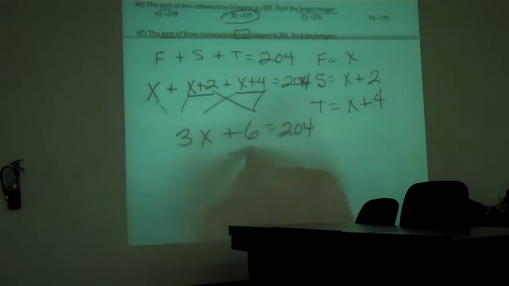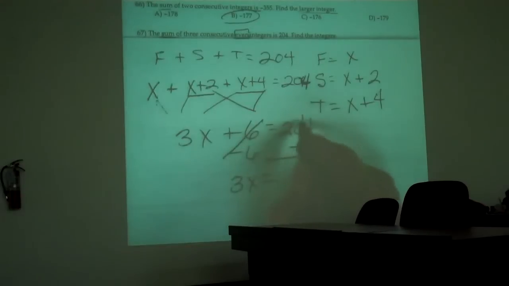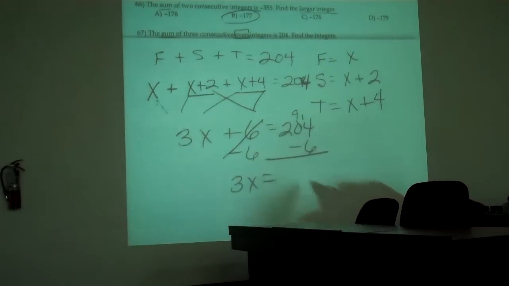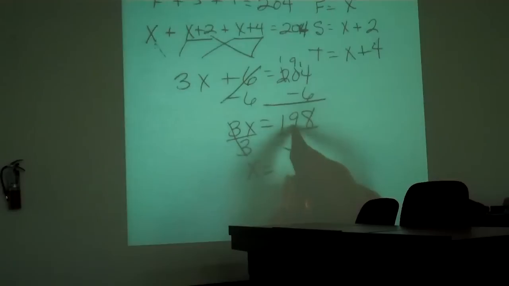So you need to subtract 6. 204 minus 6, need to borrow, is 198. Divide that by 3. Three into 19 is 6. 18 would be 66, right?